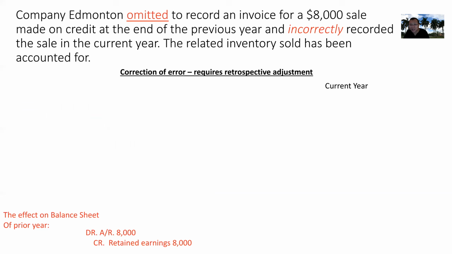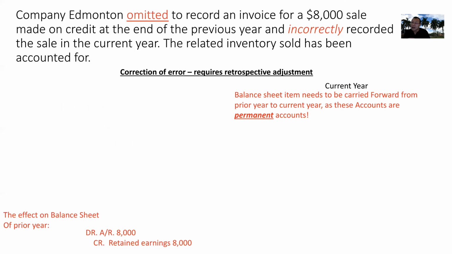Remember, all the accounts on the balance sheet are permanent accounts. So these permanent account balances will be carried forward to the next year, if you remember. Basically this adjustment has this balance sheet effect, and this effect will be carried forward from prior year to current year.